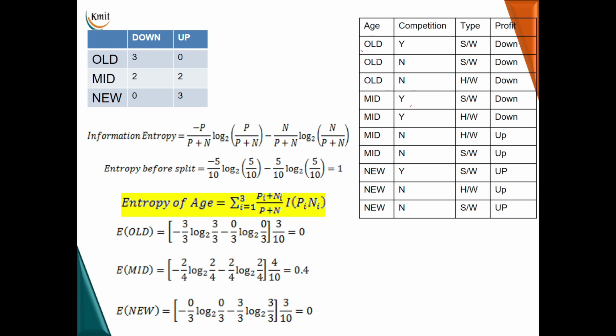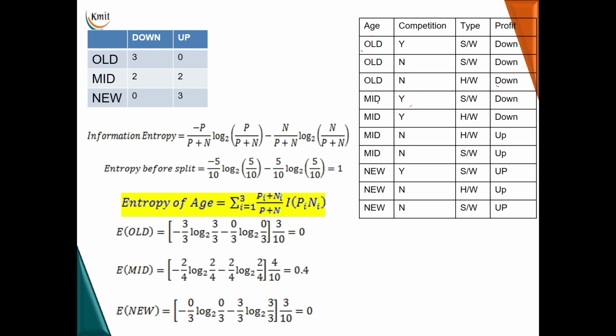Old, profit, down: 1, 2, 3 downs. Do you have any up? No, you don't have any up here.